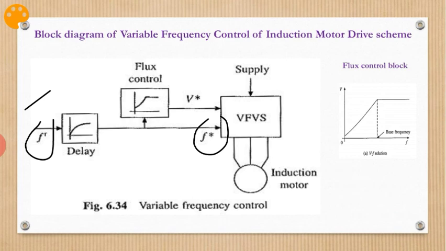Due to this delay, F star changes only slowly so that the motor speed can track changes in F star, so it tracks the reference. This is the explanation of the block diagram of variable frequency control.